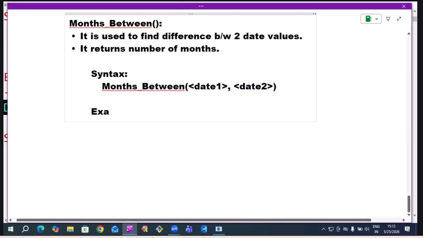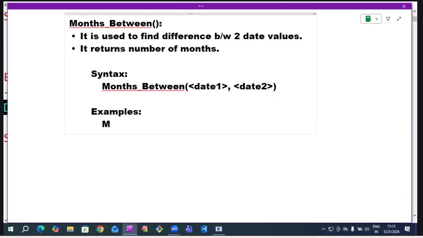For example, I'm writing like this: months between, sys date to get today's date. For example, one month ago date I am giving: 25th April 2026.